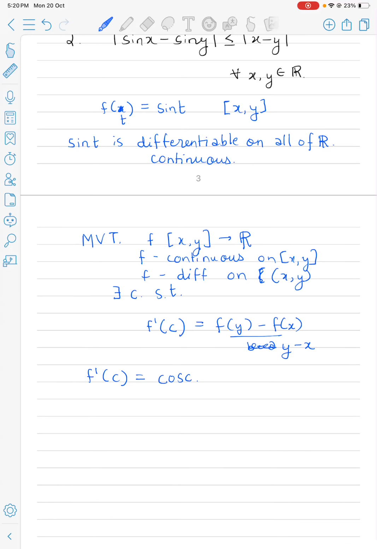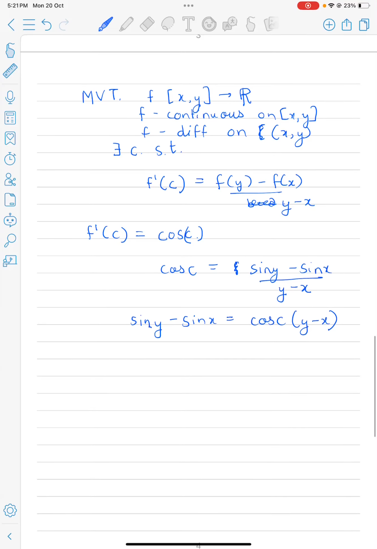So cos c is equal to (sin y minus sin x) by (y minus x). So sin y minus sin x is equal to cos c times (y minus x).